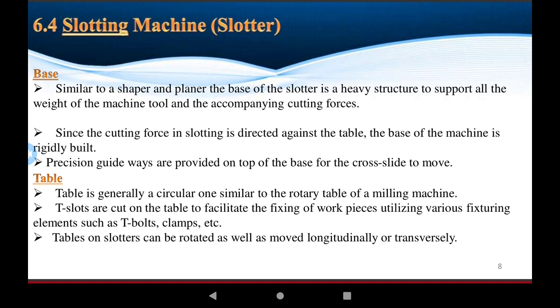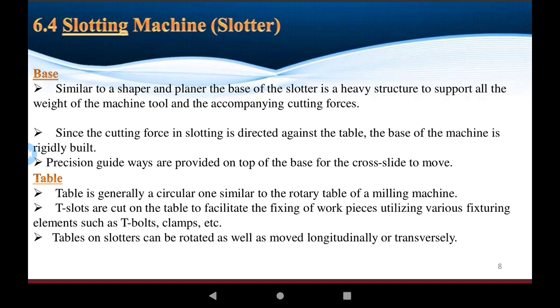Okay, tables are generally circular and rotate, and the tool is selected at a fixed position. T-slots are cut on the tables to facilitate fixing of the work, and for utilization of various fixtures.